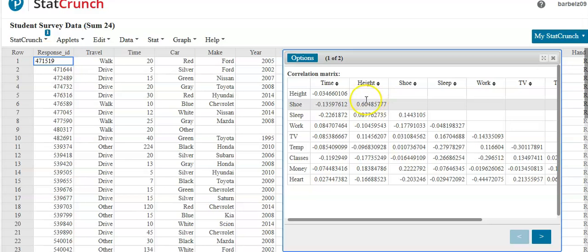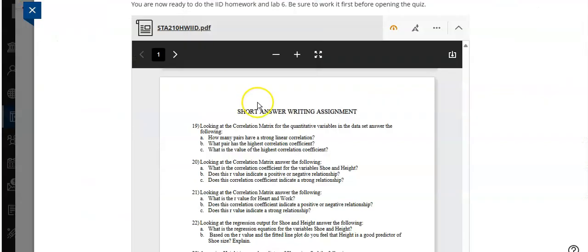It has a correlation of 0.6049. All right, so let's go back. What is the value of the highest correlation coefficient? That would be that 0.6049. Now, let's realize in number 20, it's asking exactly what that one is.